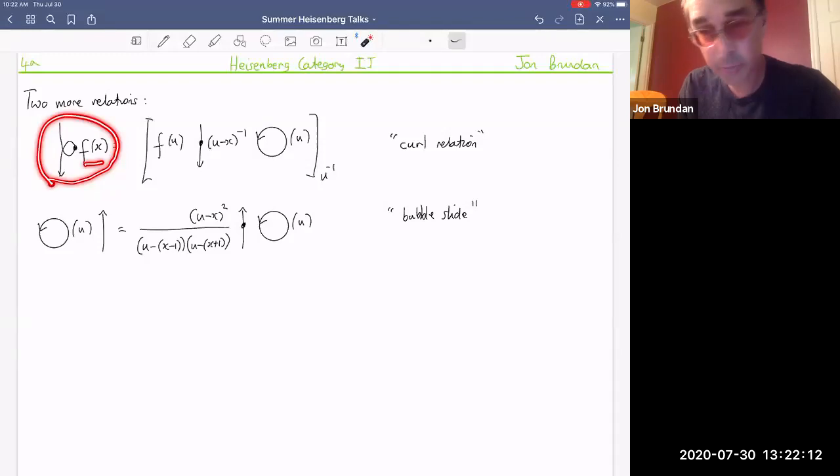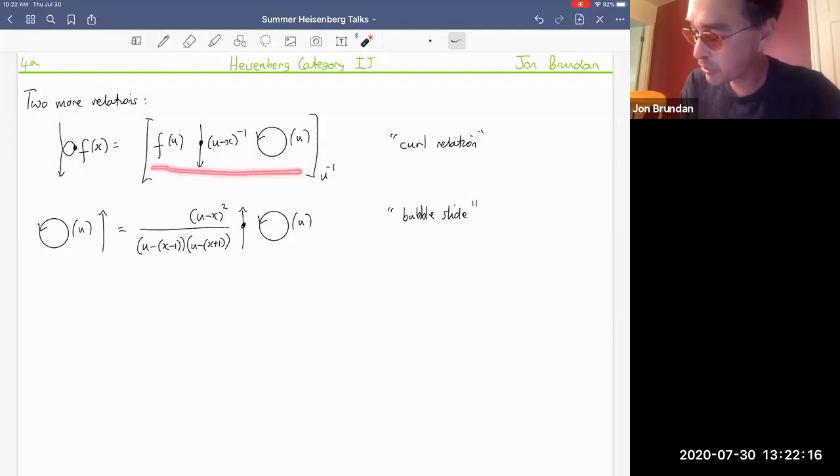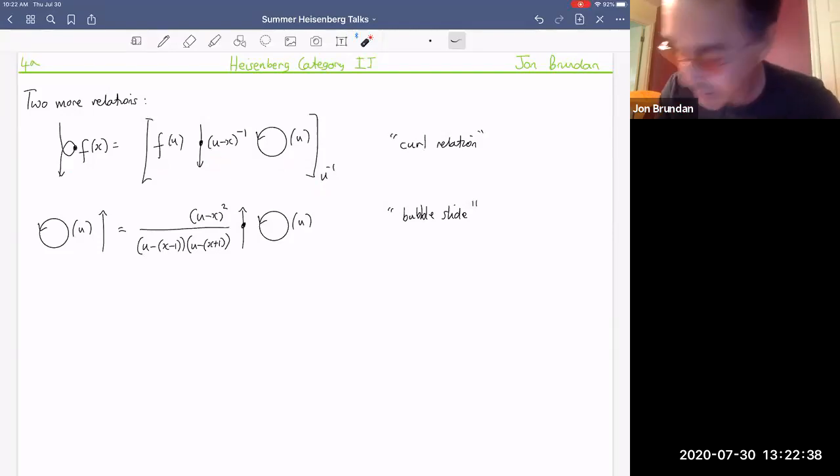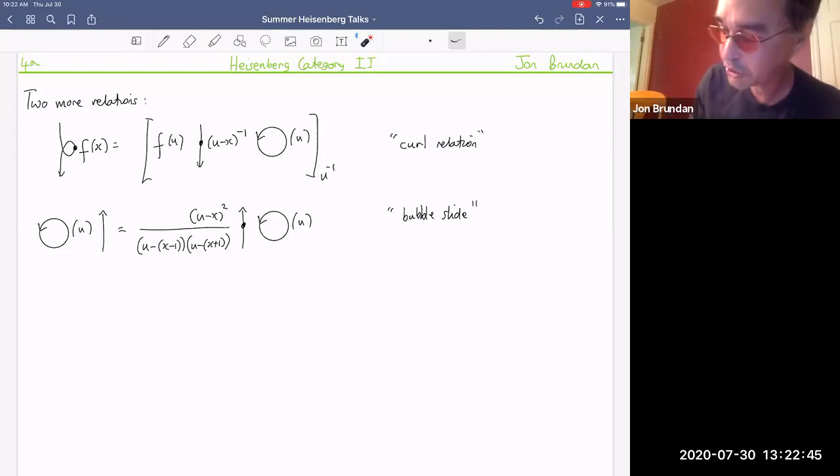Okay, so this is a curl with f of x dots on the curl, and it says, well, you just take this expression, f of u in our indeterminate, that was the generating function for dots on the down strand, and that's the generating function for dotted bubbles. You calculate that and you pull out the u inverse coefficient. So that to me is the right way of writing this curl relation. It's very slick. I'm going to do just enough in a bit to convince you how important that relation is. But you can only see that once you start using these generating functions.